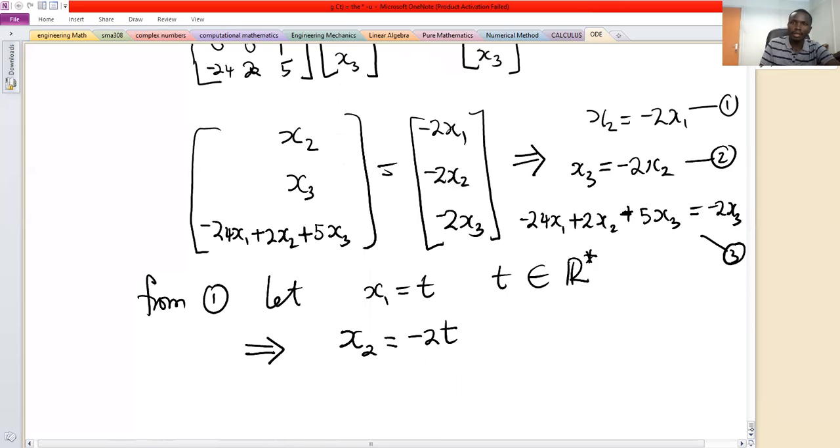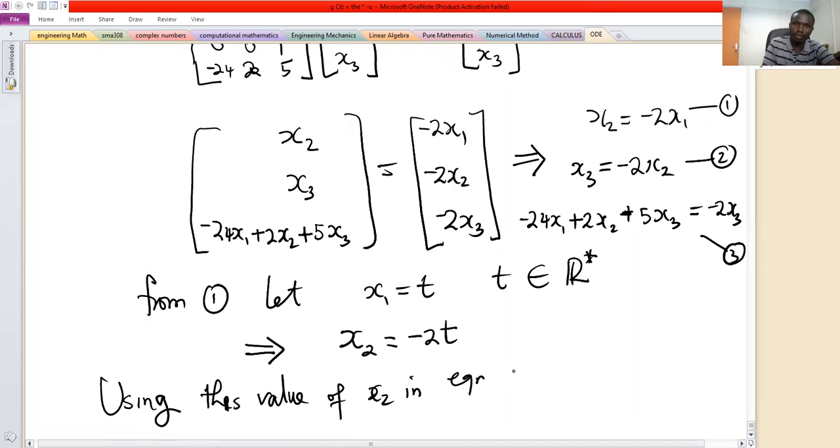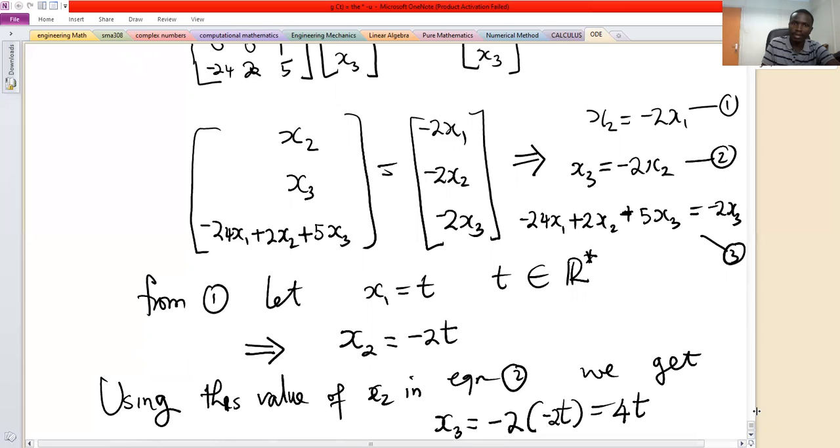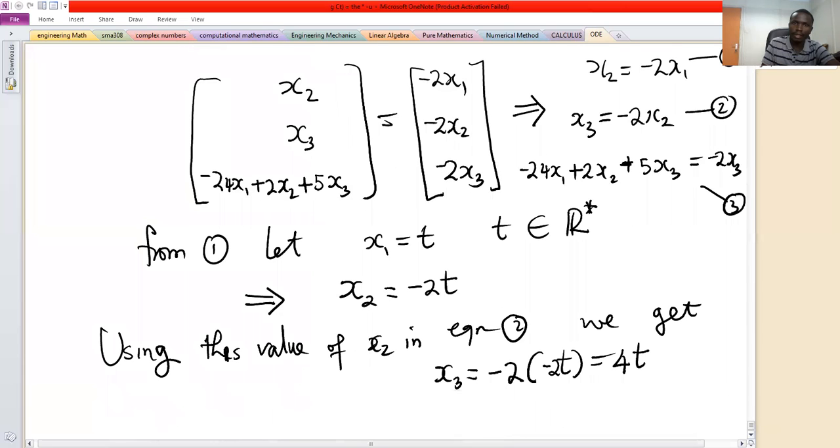Now, using this value of x2 in equation 2, we get x3 is minus 2, but where there's x2, we put minus 2t, which will give us 4t. So we have all the values of x1, x2, and x3.